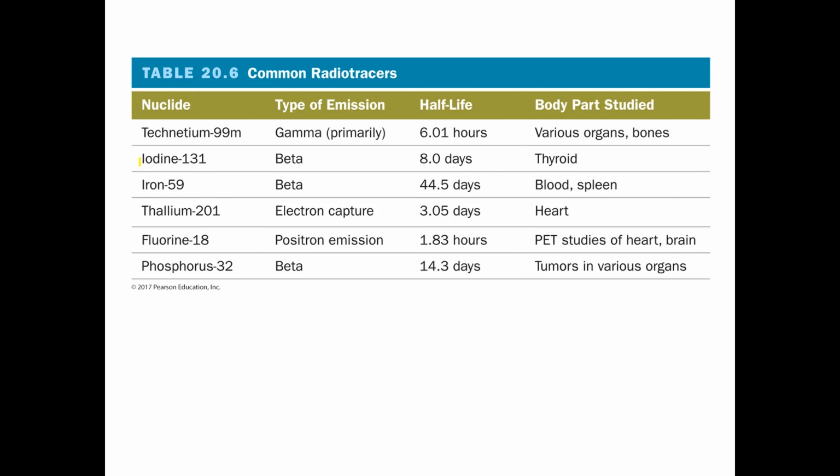For example, here's iodine-131. It turns out that the thyroid gland uses a lot of iodine in its metabolism. And so you can use different kinds of iodine isotope compounds to detect the images of the thyroid.